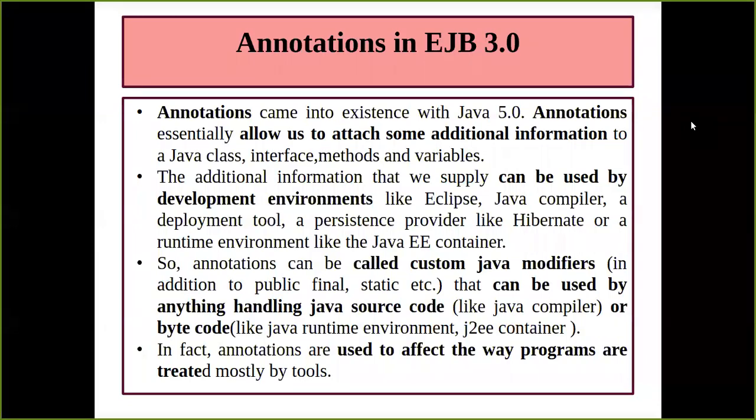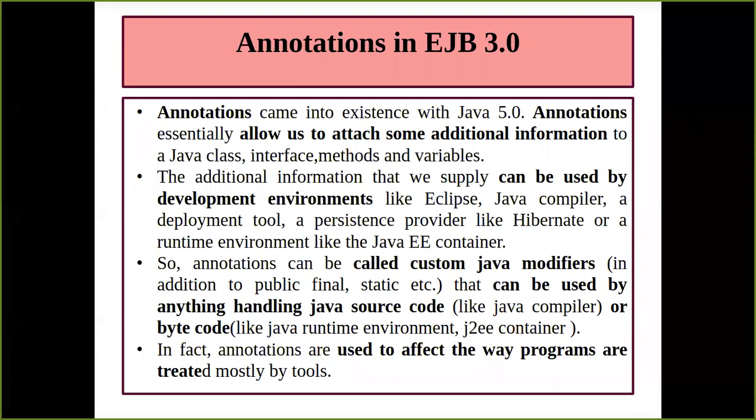Whatever annotations you define in your program are taken care of. It even helps your compiler and development environment understand what type of Java class, interface, methods or variables you are providing to the program. So annotations can be used in EJB.